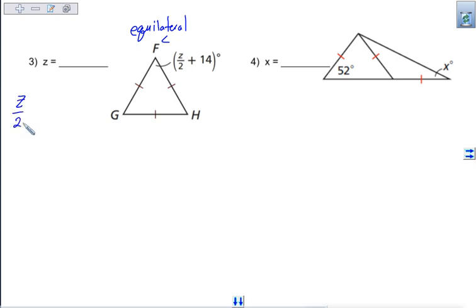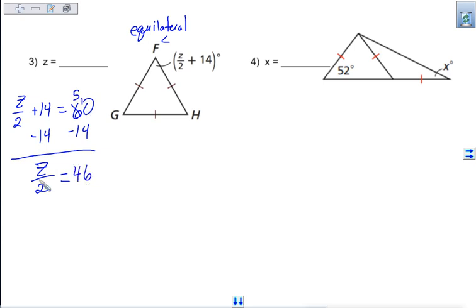So z over 2 plus 14 equals 60. We're subtracting 14 from both sides. That gives us z over 2 equals 46. And then we're going to multiply by 2. So z equals 92.